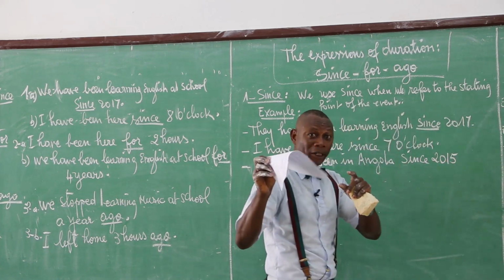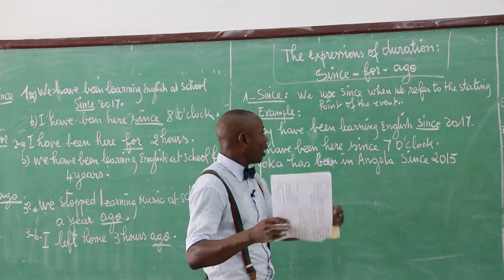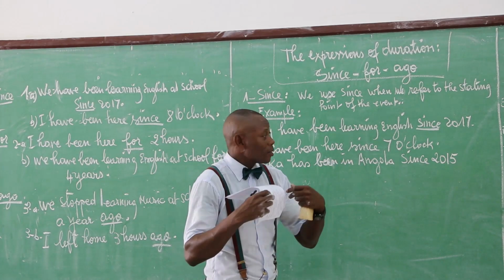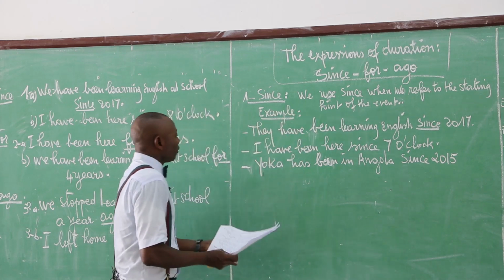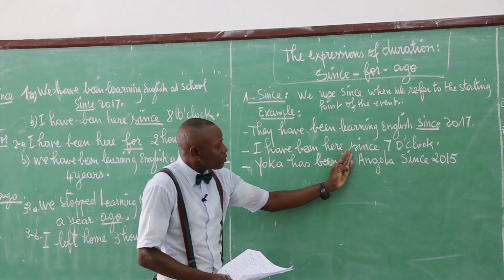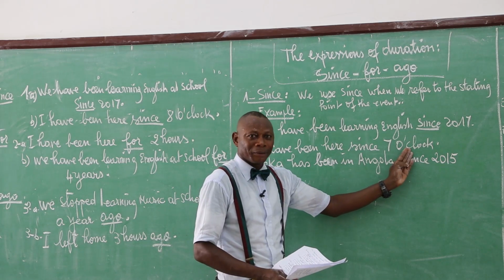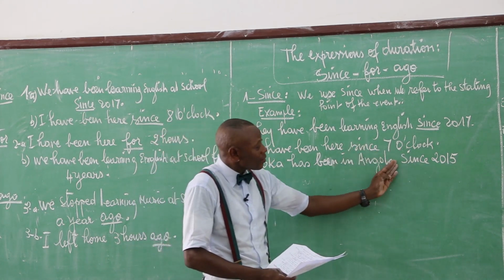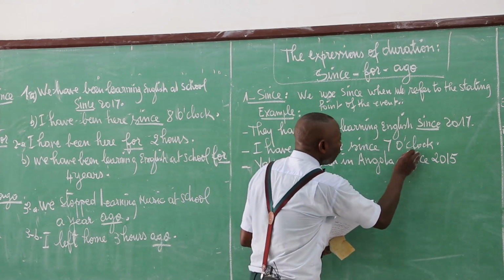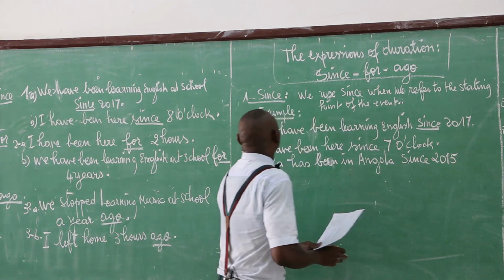You started learning English at that moment. So you can say, I have been learning English since 2017, right? I have been here since 7 o'clock. Yoka has been in Angola since 2015.